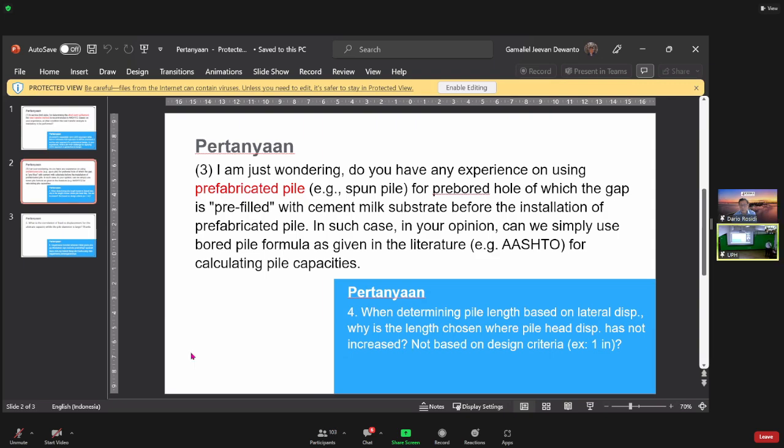Oke, ayo ruangan ini juga biar nggak ngantuk, silakan untuk bertanya. Sudah dapat pertanyaannya? Belum juga. Ayo, silakan bertanya.